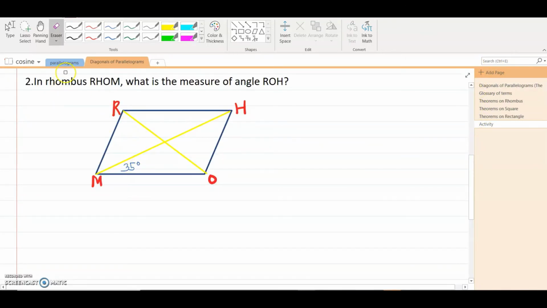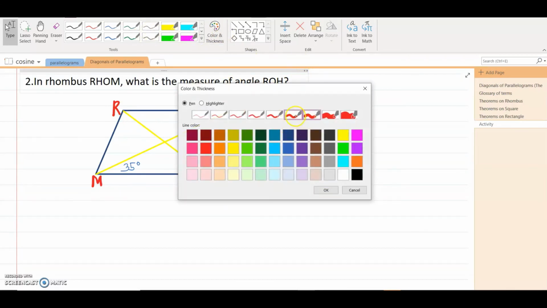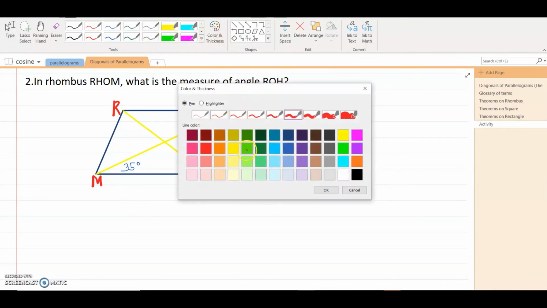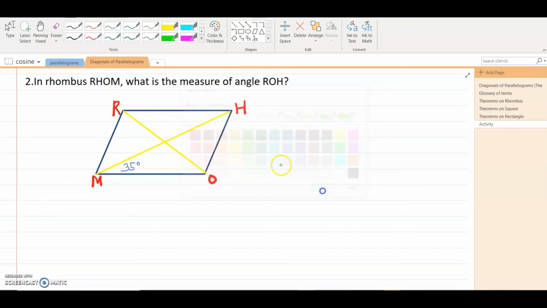Okay, let's go now with number 2. In rhombus RHOM, what is the measure of angle ROH? So we are looking for this angle.